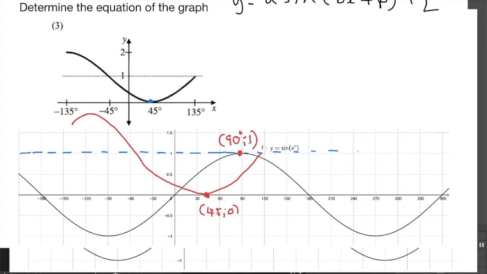So there's a turning point at 90 degrees, 1 for the graph of sine x, and yet there is a turning point at 45 degrees and 0 for the required graph. So what this means is there should have been a transformation which transformed the point 90 degrees and 1 to become 45 degrees and 0.